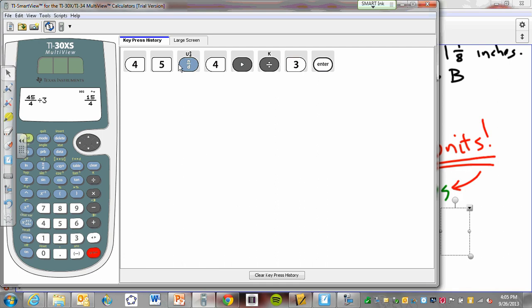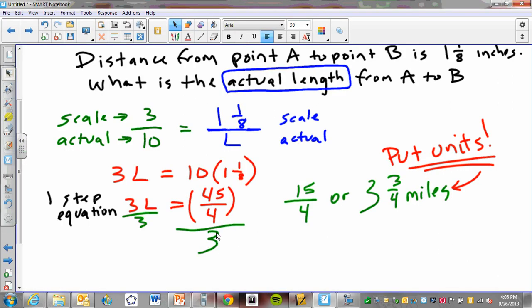Make sure you use your fraction button. It's this n over d right here. 45 over 4 divided by 3. It makes things so much easier than trying to flip fractions and all that stuff. So it gave us 15 over 4, or changing it into a mixed number, 3 3/4 miles.